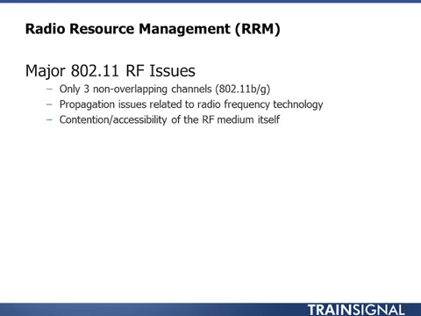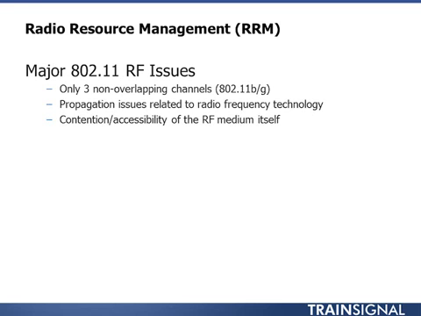And then we also have clients which are contending for the medium. So let's say you've got 20 clients connecting to an access point. They're going to compete for access to that medium, because you can only have one client receiving from the access point at any one point in time.